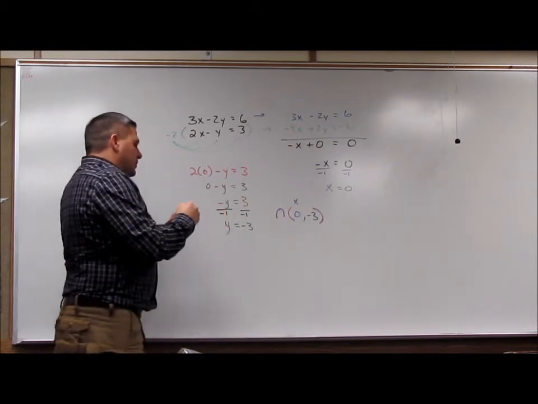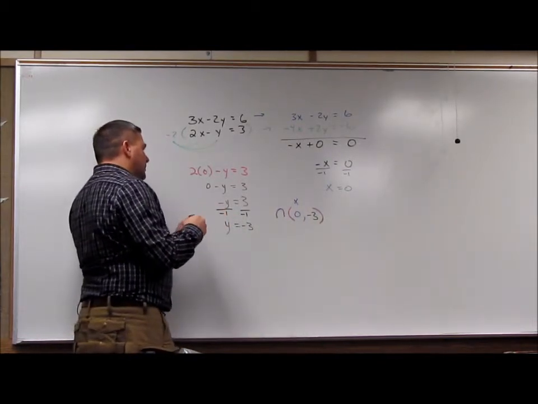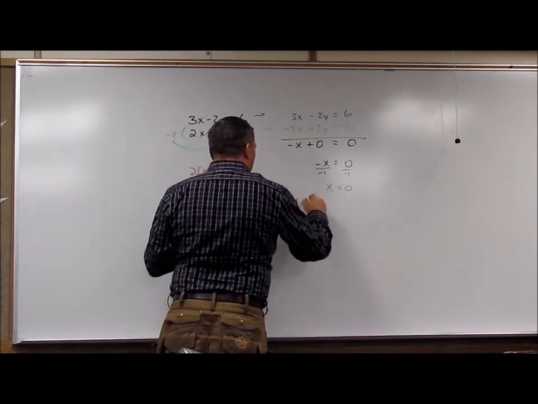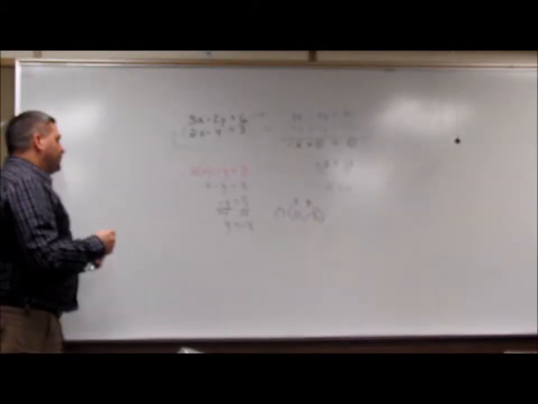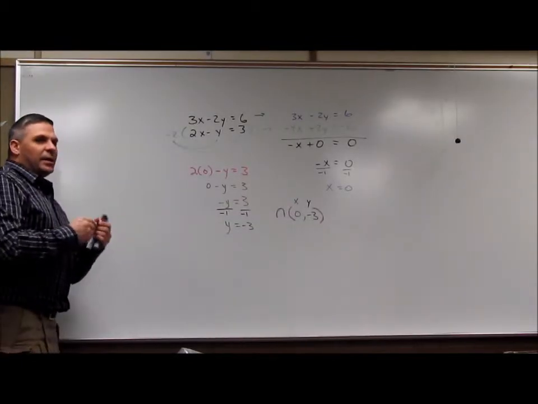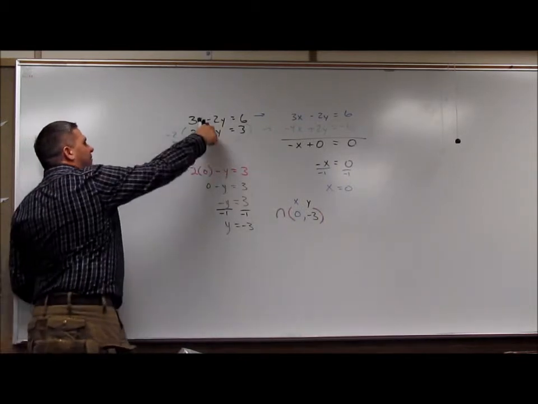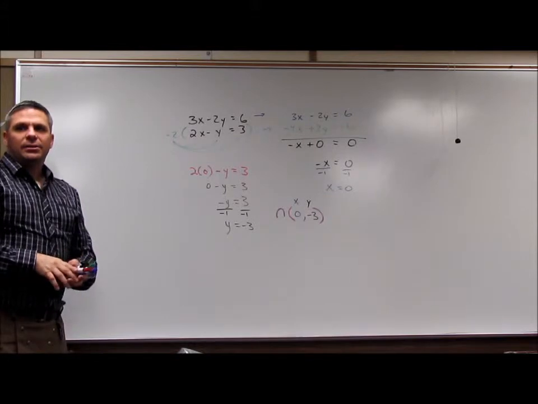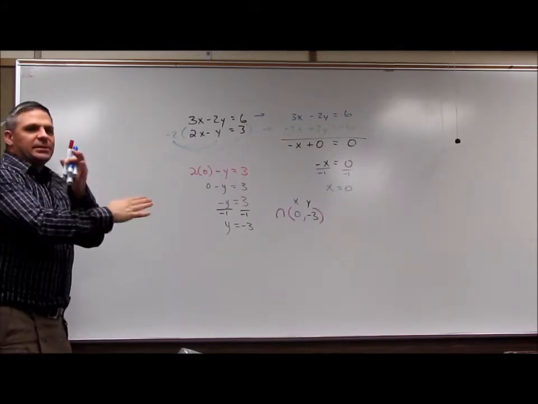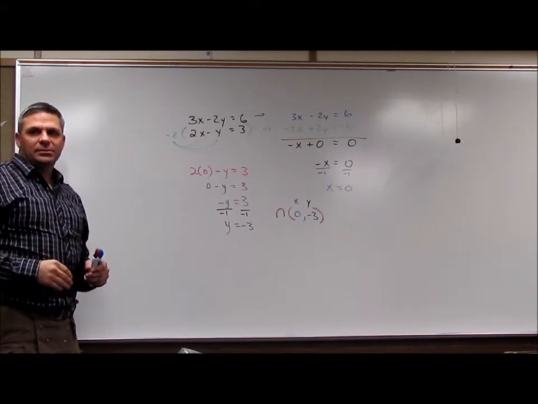So we have our intersection at 0, negative 3. And that means if I were to graph these two equations, then they would intersect at 0, negative 3.